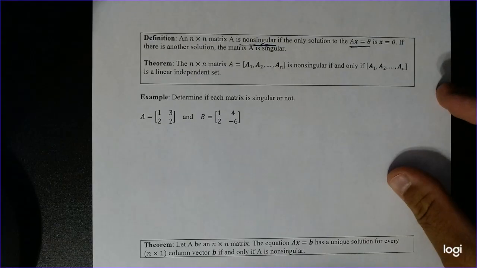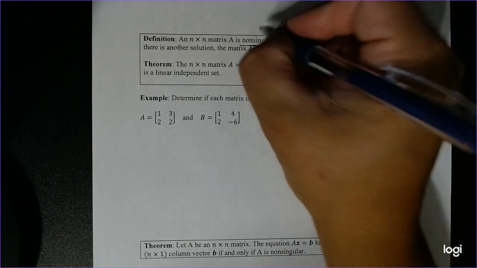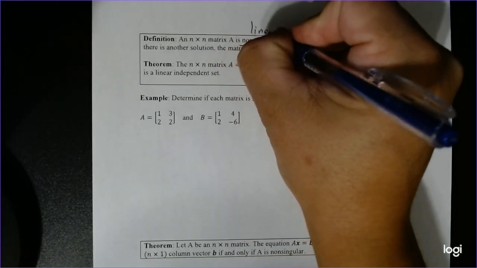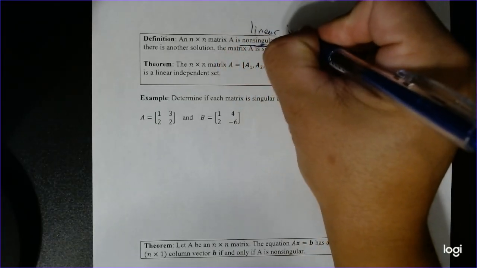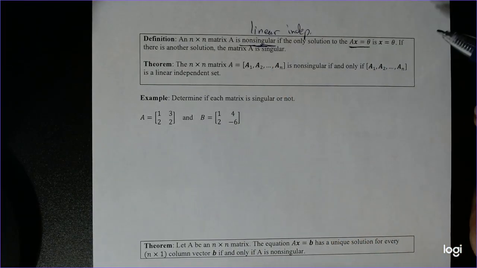If there's another solution, then A is called singular. So we have a lot of stuff happening, right? So non-singular is basically the same thing as linear independent. Right? So if it's linear independent, we automatically know it's non-singular.